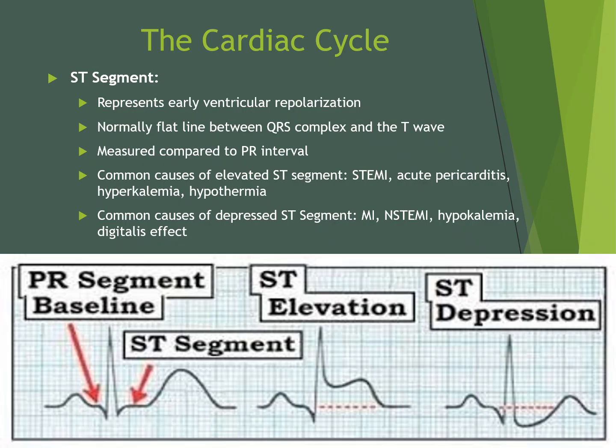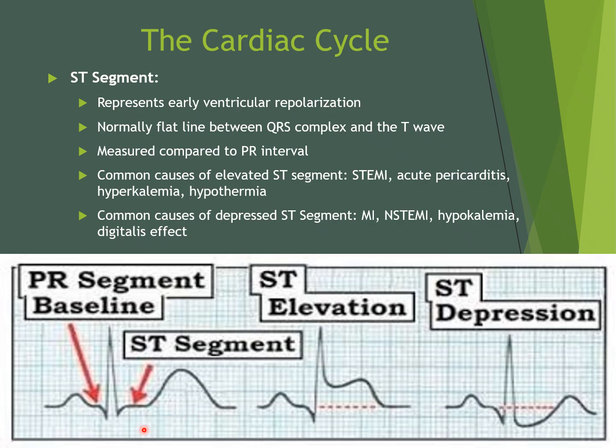The ST segment represents early ventricular repolarization. We call this imaginary line through the complex the isoelectric line, and normally the ST segment is flat between the QRS complex and the T wave.